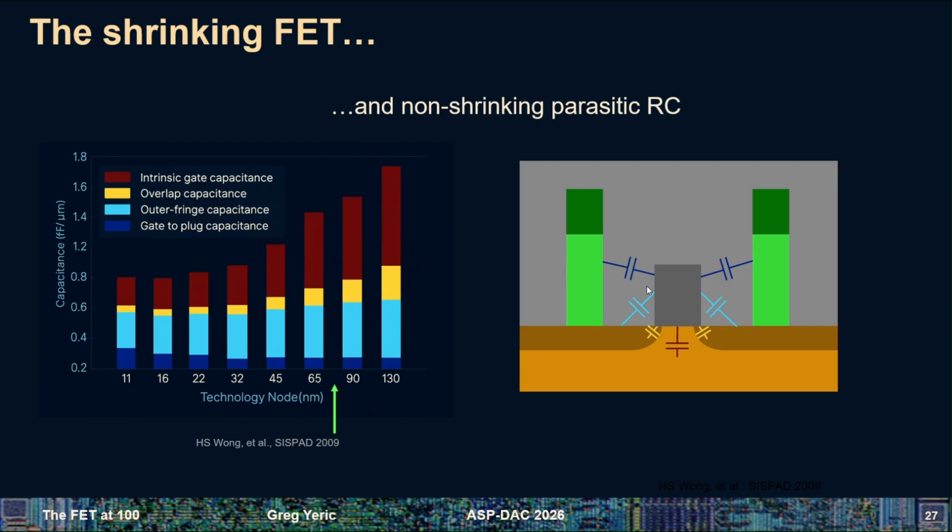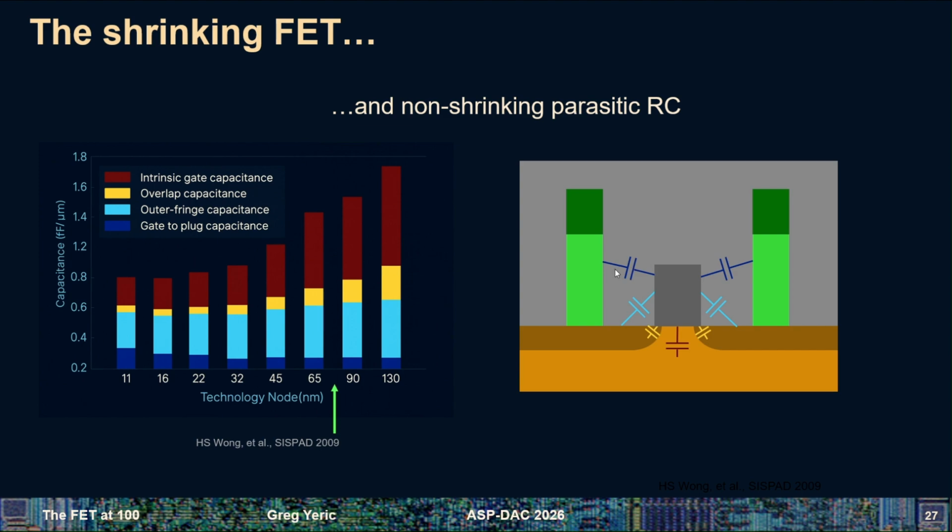So we can't control the fringing capacitance from, say, the side of the gate here in light blue down to the silicon. And of course, this is written before the FinFET, but the FinFET doesn't get any better. It's a lot worse, right, when you think about the geometries. And then the capacitance of the contact, or plug, sometimes it's called, to the gate.